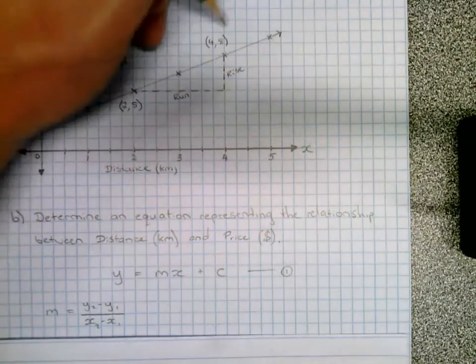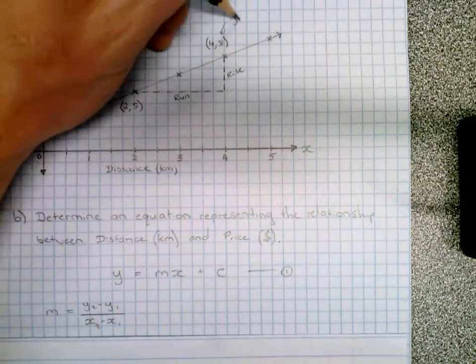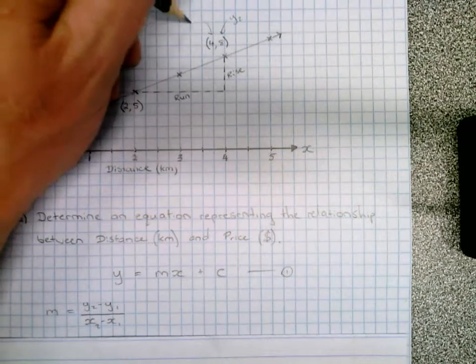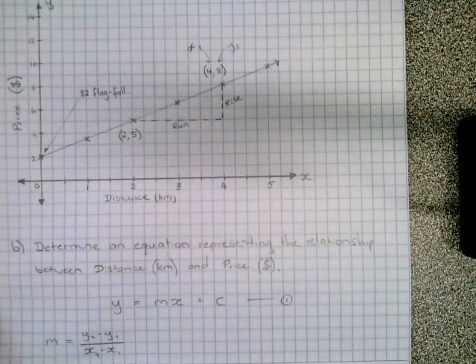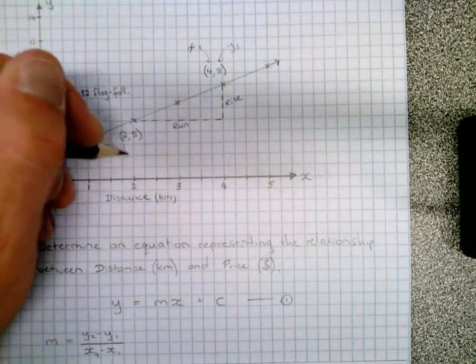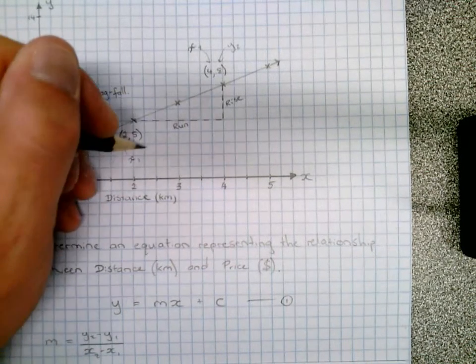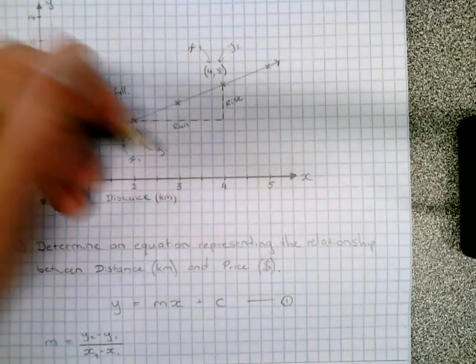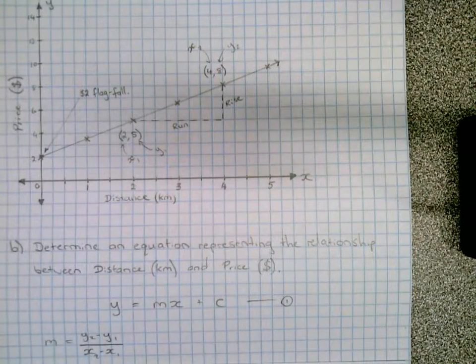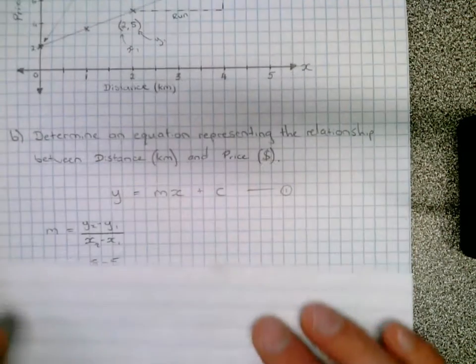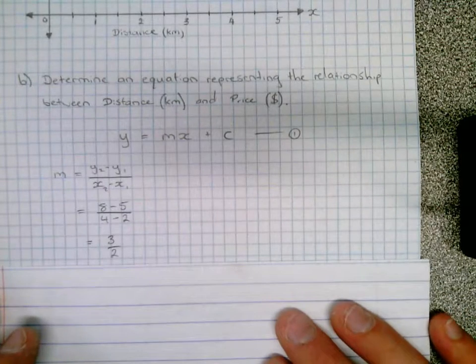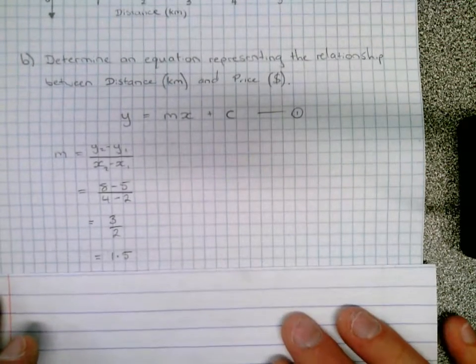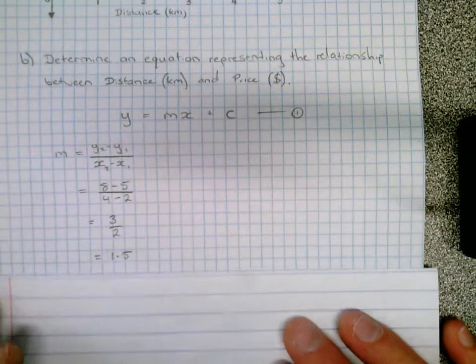What we have up here is essentially a y2 and an x2 because that's the second point, and down here we've got an x1 and a y1. So I'm going to substitute them into this formula, which will give me 8 take 5 divided by 4 take 2, which simplifies to 3 on 2, which as a decimal is 1.5.